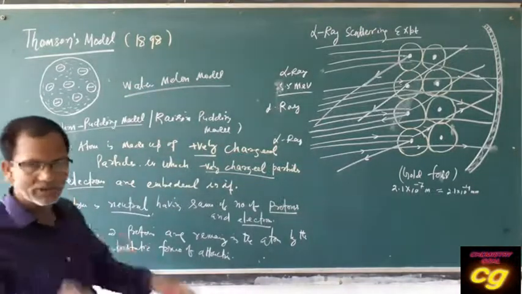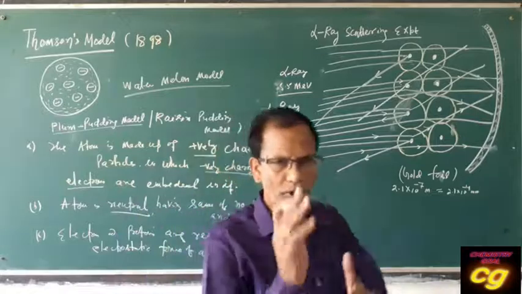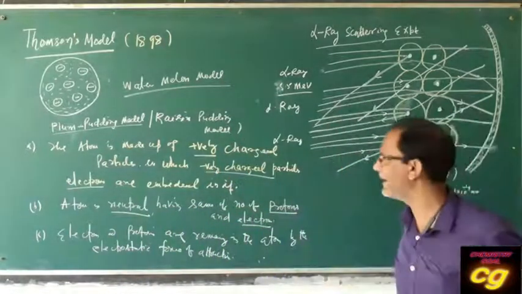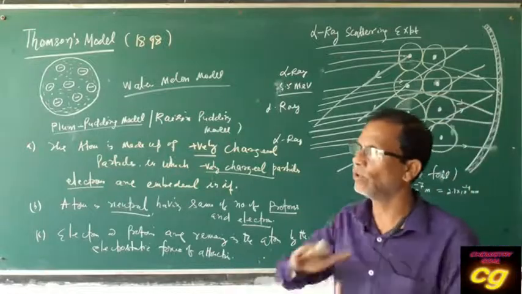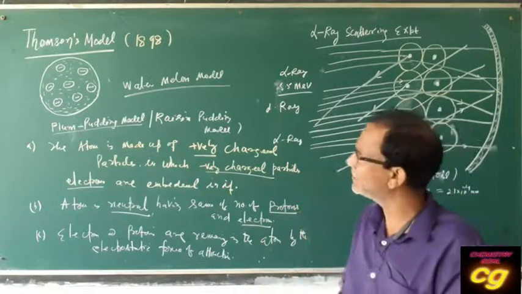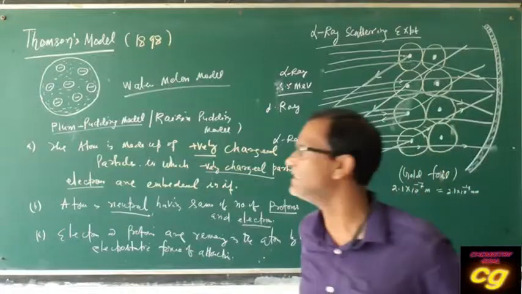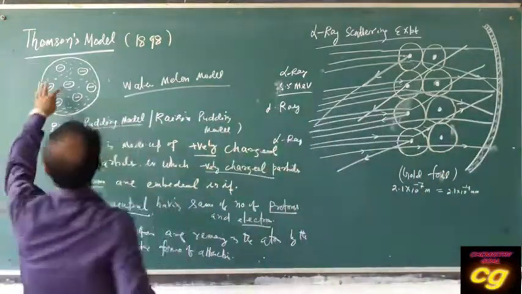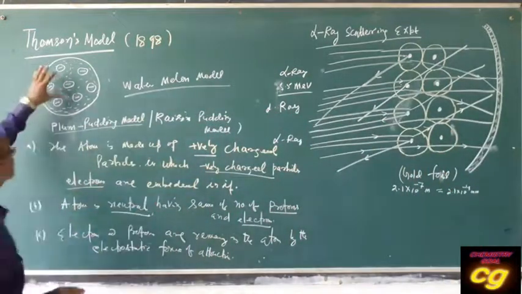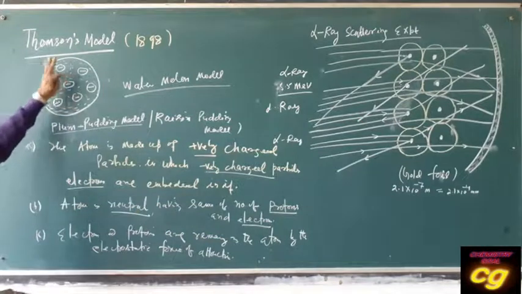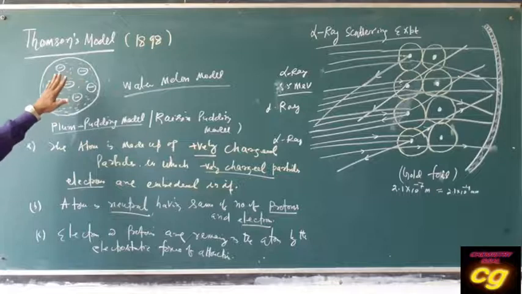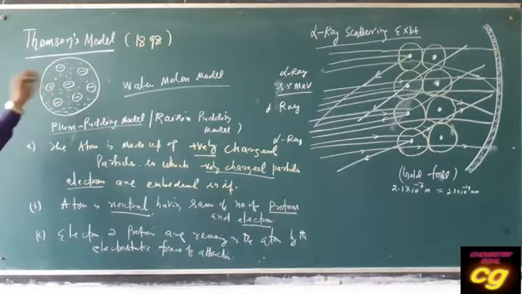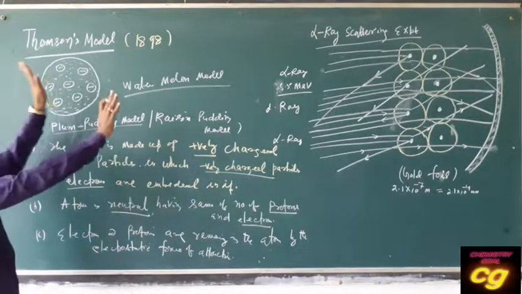If you cut the watermelon, the whole body is red in color and the black seeds are fixed inside it. The seeds will be visible, but the whole body is red.